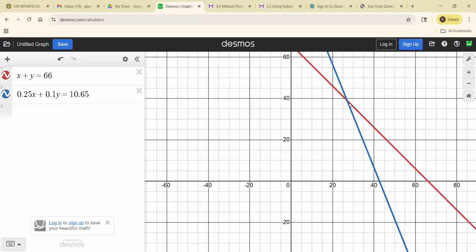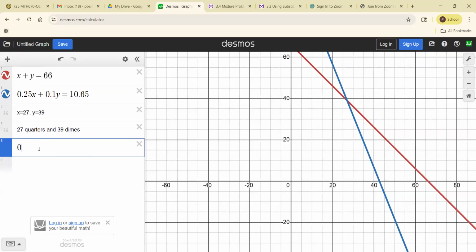There they are. And sure enough, they cross at a point. And that point has an x coordinate of 27 and a y coordinate of 39. So x equals 27 and y equals 39. And that means there are 27 quarters and 39 dimes.